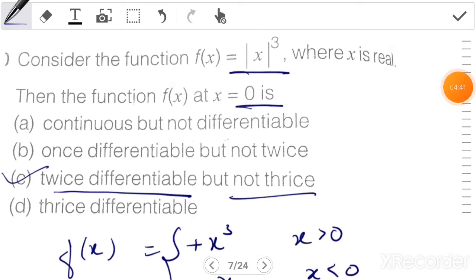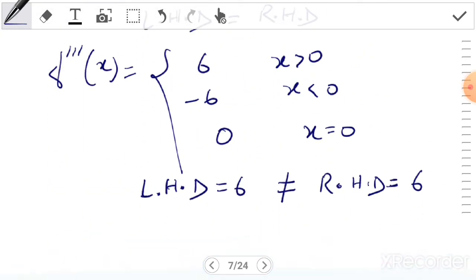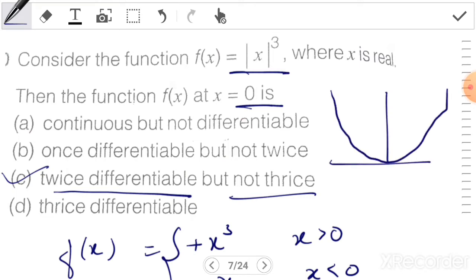And if you have to comment on continuity, let us look at the plot of this function, modulus of x cube. So this will be like this.